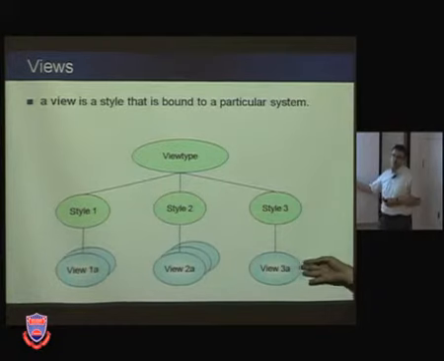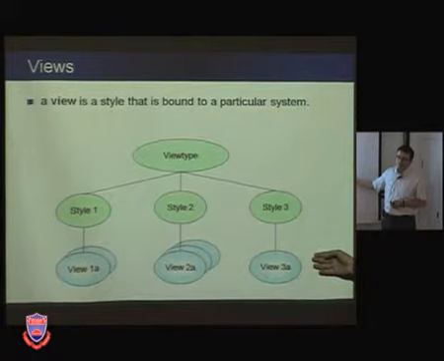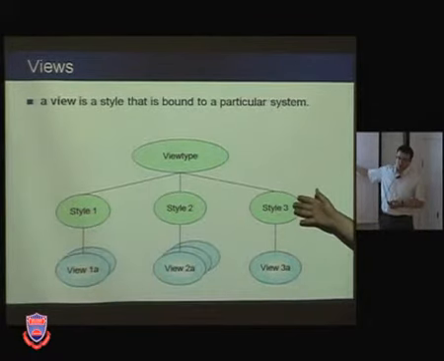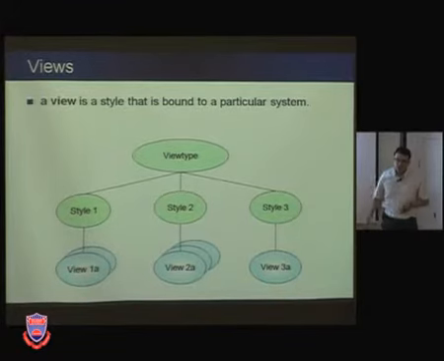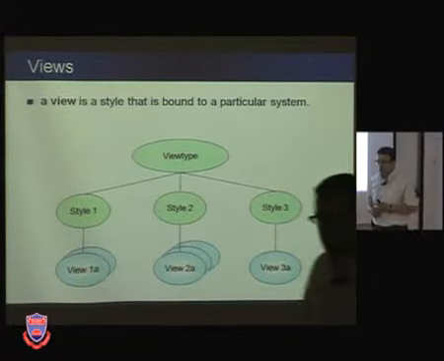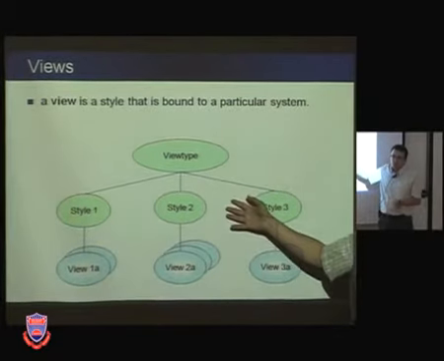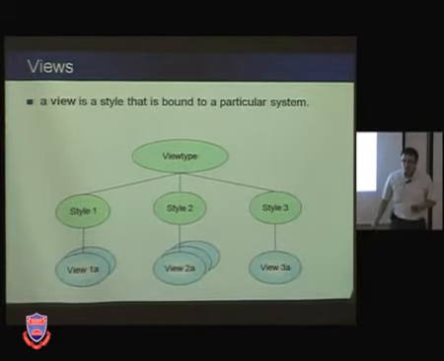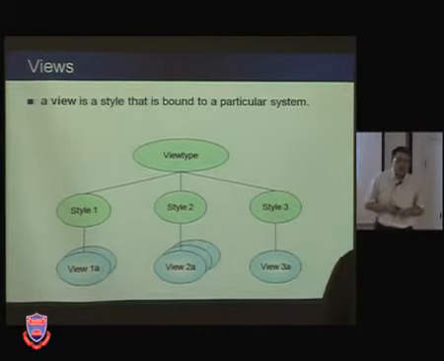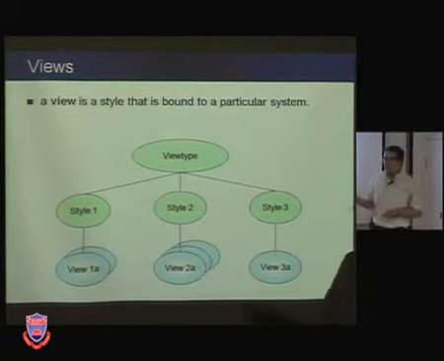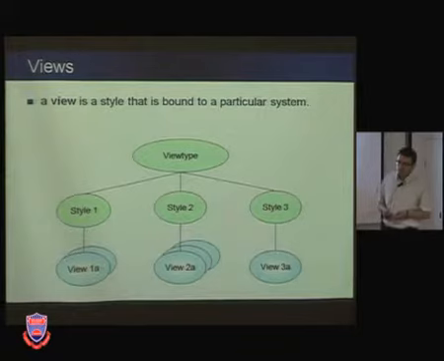This is just an instance, right? Style is also a kind of viewpoint, right? You can say this is a kind of viewpoint and this is a constraint viewpoint. But in the terminology of the views and beyond approach, you have the view type and style. Is it clear?